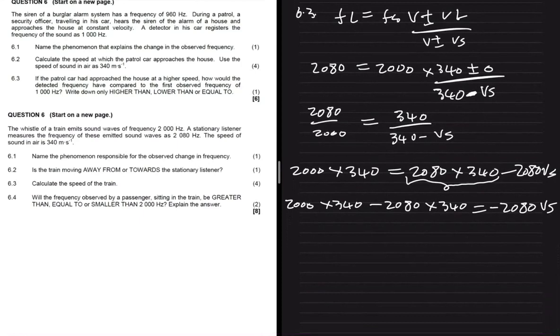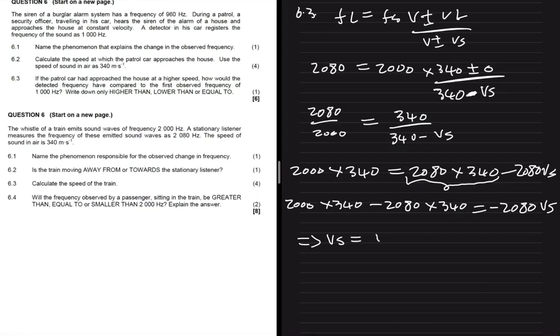So let me go ahead and put that into my calculator. We're going to have VS equals 2000 multiplied by 340 minus 2080 multiplied by 340, divided by minus 2080.